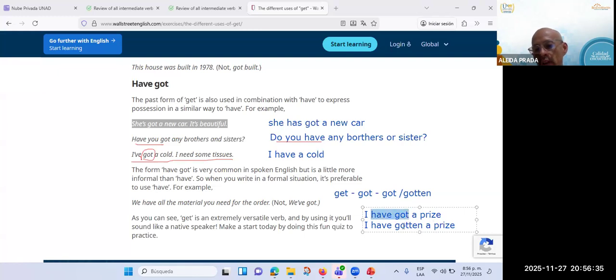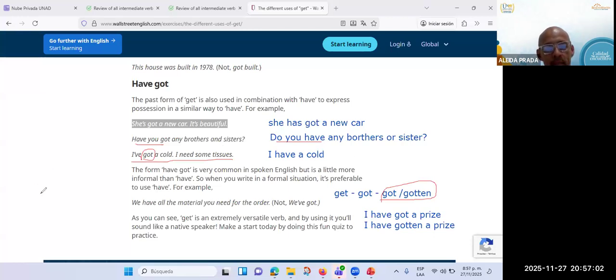Okay, you can say I have got or I've gotten, and both of them are correct. So when you are studying, reading some article, a newspaper, you can find I have got or I have gotten. Both of them are correct, both are right. Because the verb get has two forms in past participle, and both of them are correct.